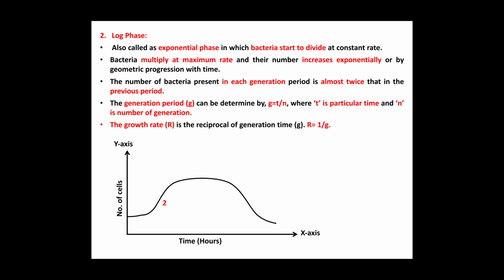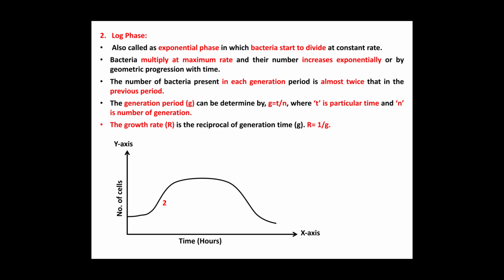The generation time can be determined by the formula G equal to T divided by n, where T is the particular time and n is the number of generations. The growth rate, R, is the reciprocal of generation time and can be calculated by R equal to 1 upon G. Here in the diagram you can see the log phase where the graph is increasing with respect to time, meaning the cells are multiplying exponentially.